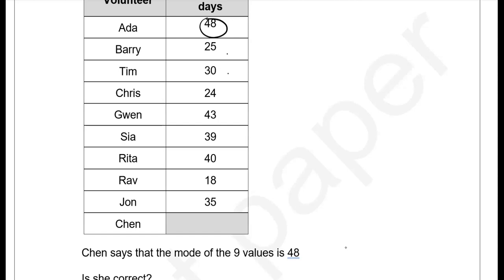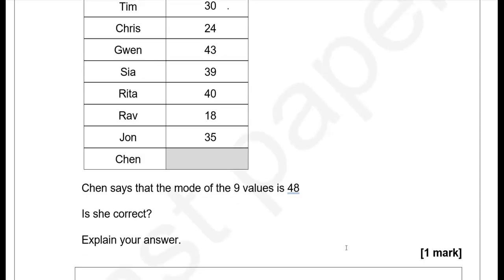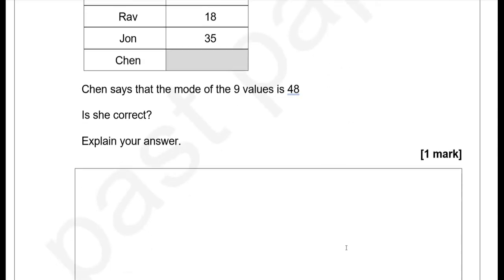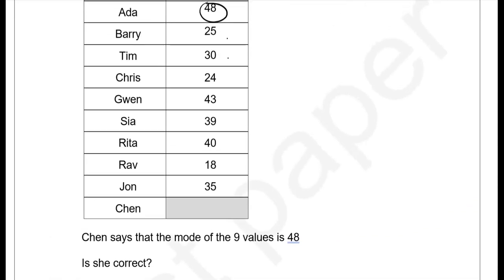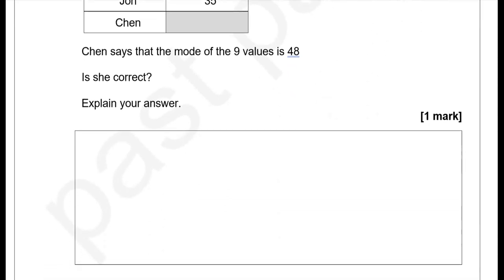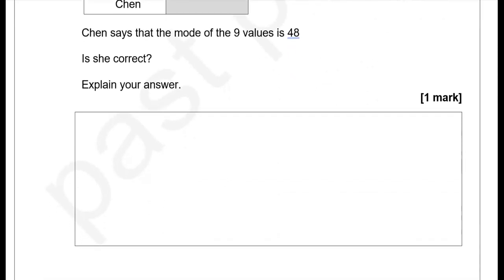So why do we single out the 48? So we are going to say that no, she's not correct. And as you can see, there is no mode, no other number repeats itself. So we're going to say no, there is no mode.